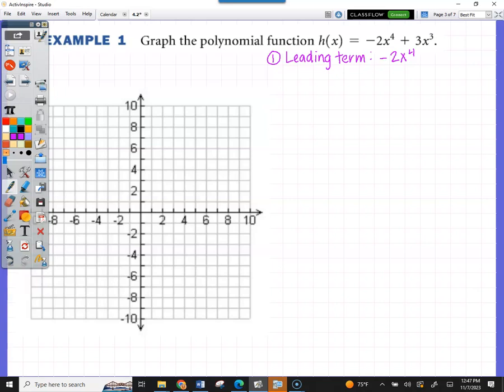Because it's negative, it's both down. And how many possible curves will it have in the middle? 3, right? It'll cross the x-axis up to 4 times, but have 3 curves. So what I usually do is draw the end behavior to say to myself, okay, it's definitely shooting down, and then sometimes I make a note: 3 curves.